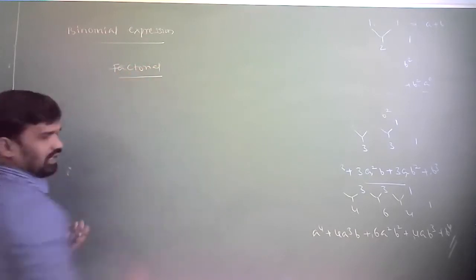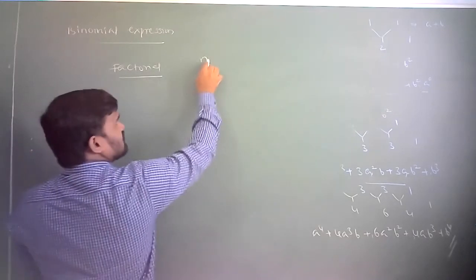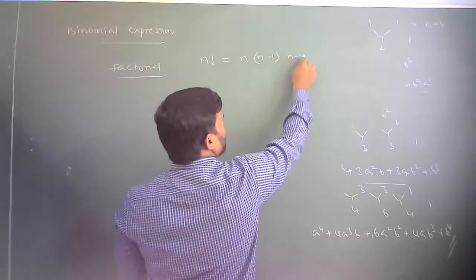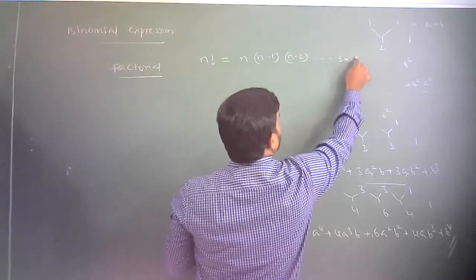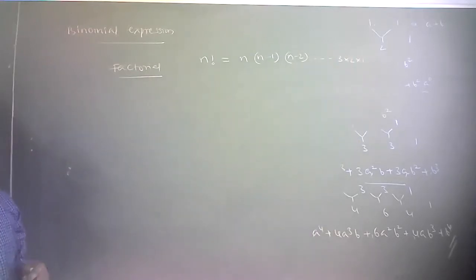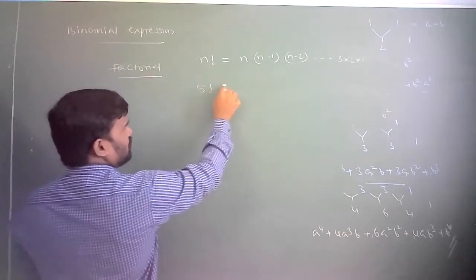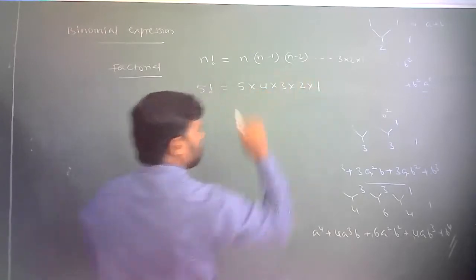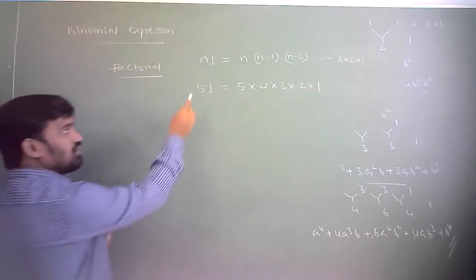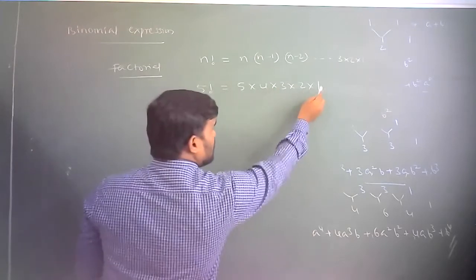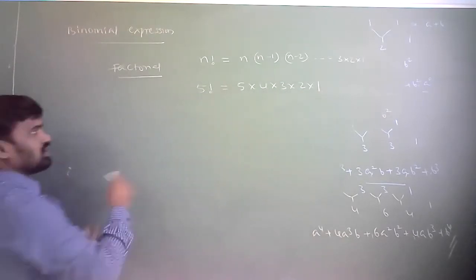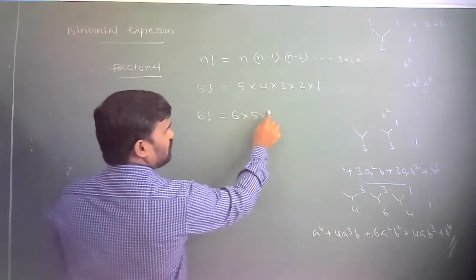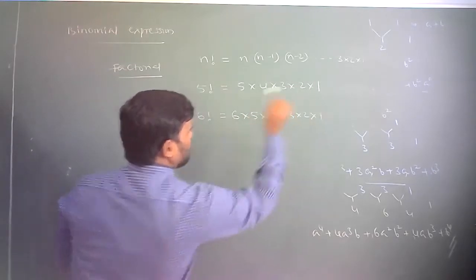What is factorial? Dear intelligence, n factorial means we write n into n minus 1 into n minus 2, and so on, down to 3 into 2 into 1. Simply, 5 factorial equals 5 into 4 into 3 into 2 into 1. We start from this number and write down to the least natural number. Like 6 factorial equals 6 into 5 into 4 into 3 into 2 into 1.